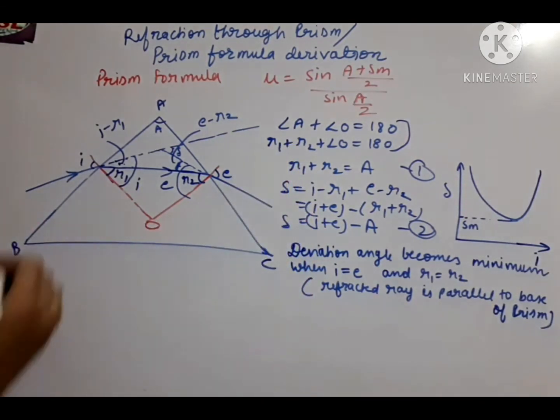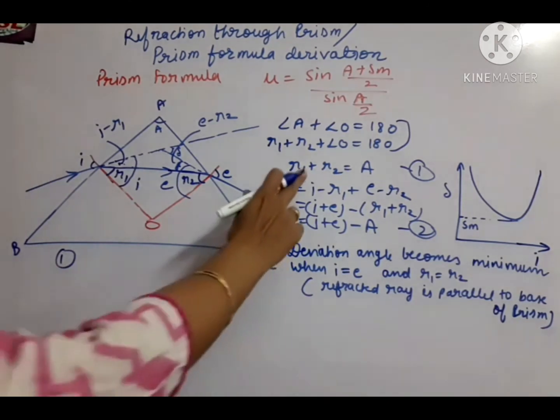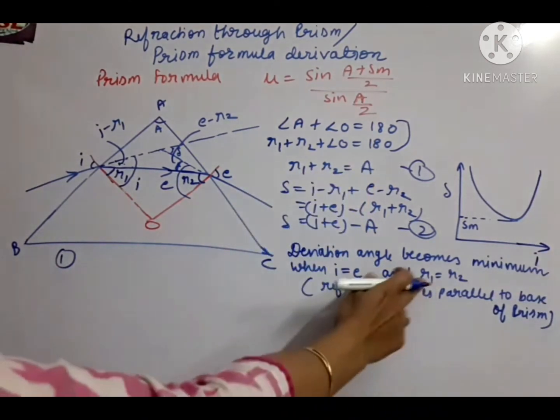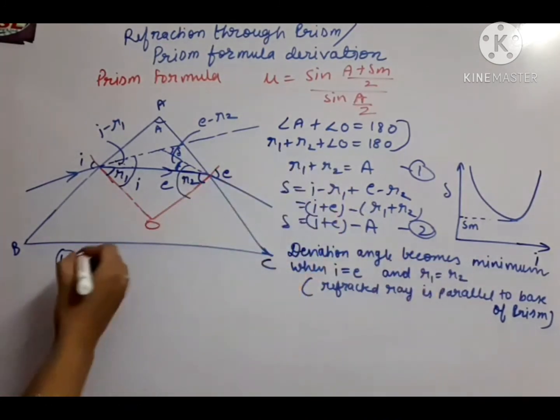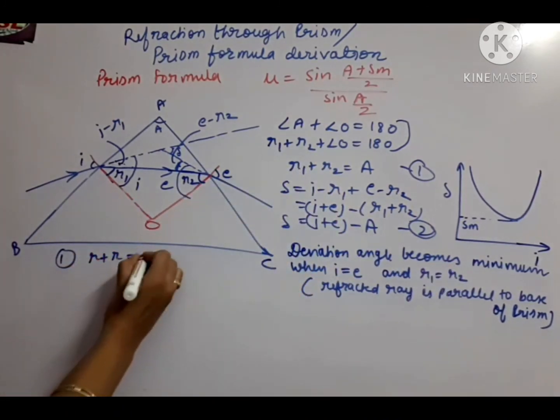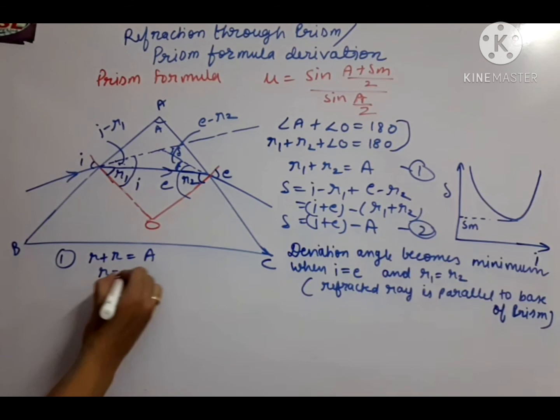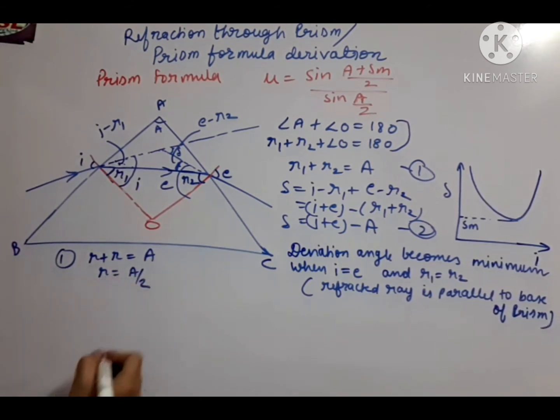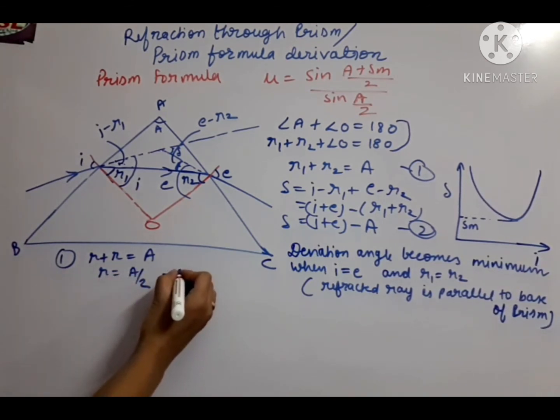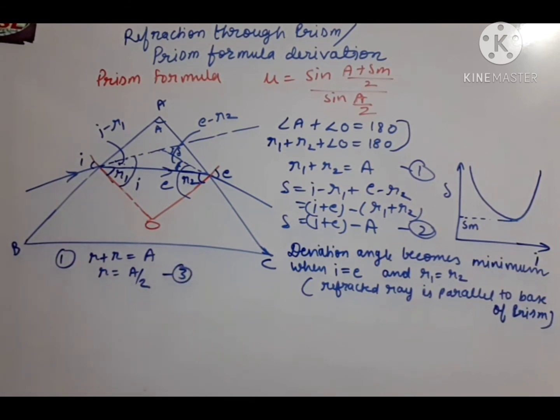Let us start with equation 1, R1 plus R2 equals A. But R1 and R2 are the same, so let us call it R only. So R will be A by 2. This is our third equation obtained. We will be using it.